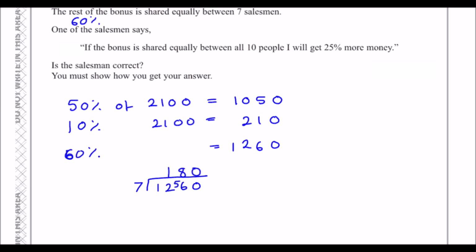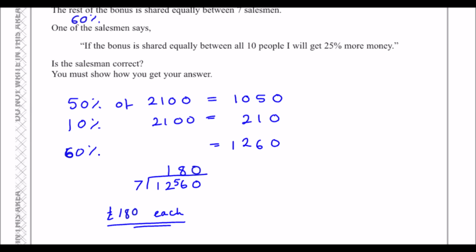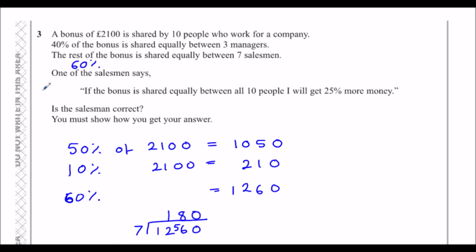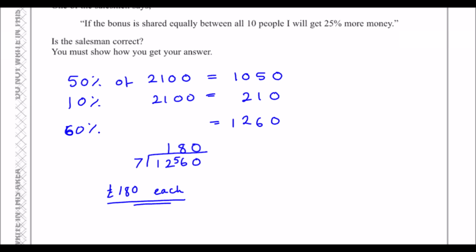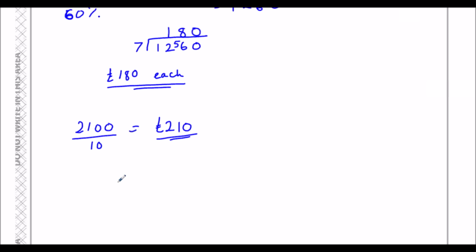So they get £180 each at the moment. If all 10 people shared equally, that will be 2,100 divided by 10, which should be 210. So £30 more.